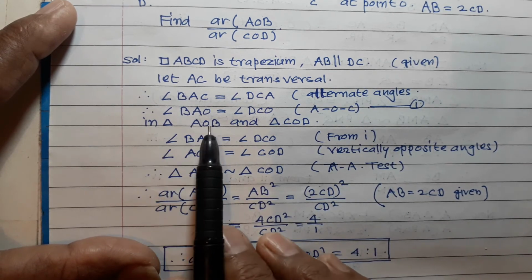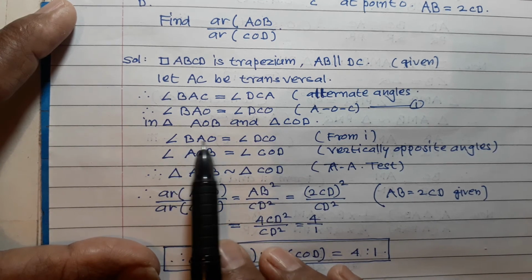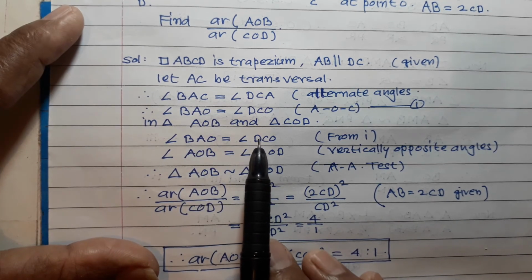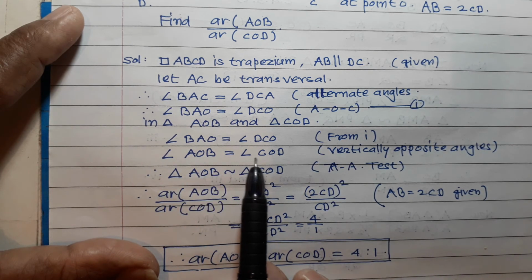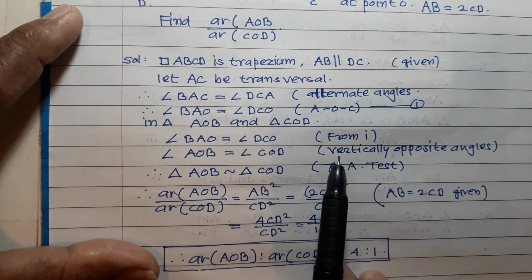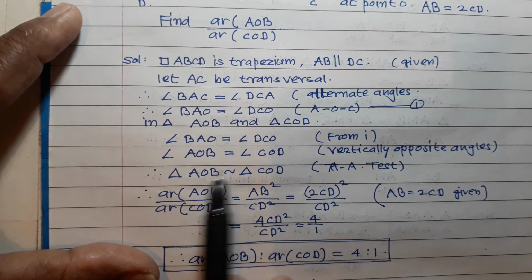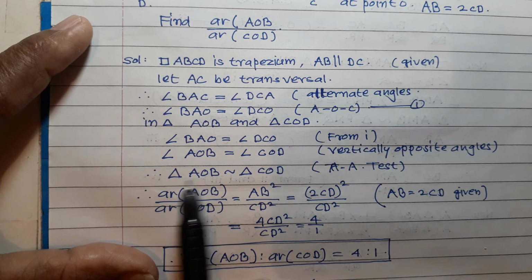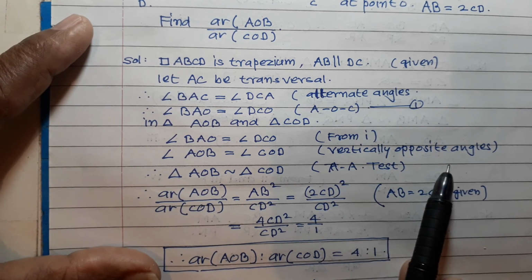Now in triangle AOB and triangle COD, angle BAO is equal to angle DCO from 1. Angle AOB is equal to angle COD, vertically opposite angles, and therefore these two triangles are similar, and therefore triangle AOB is similar to triangle COD, AA test of similarity.